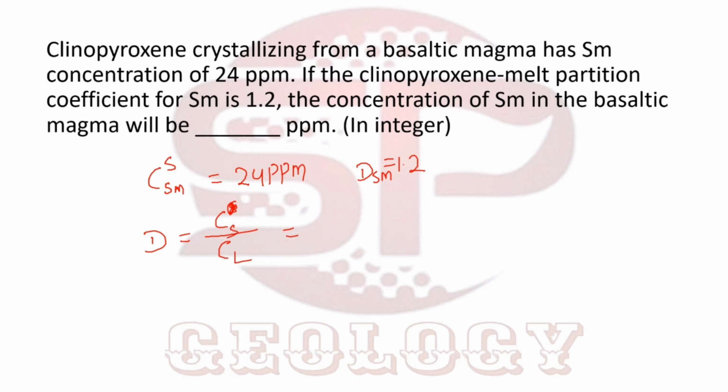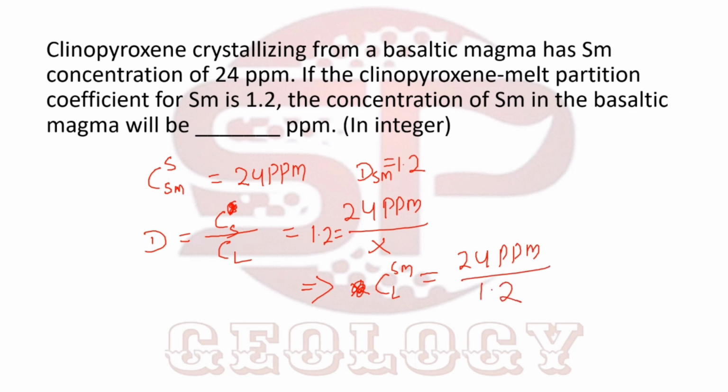So Cl of Sm will be 24 ppm divided by 1.2, which is 20 ppm.